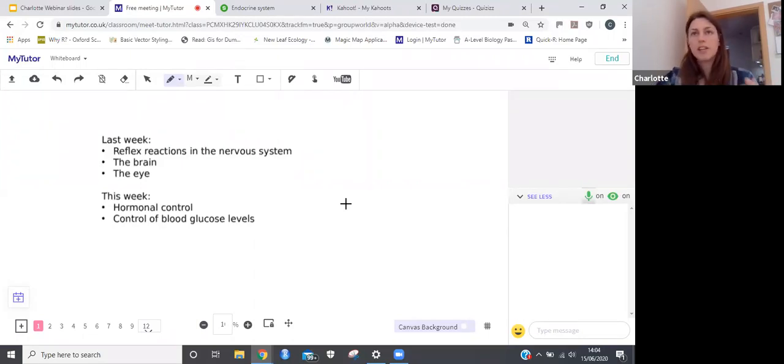It's the word we use to describe how we keep our internal temperature constant, how we keep our blood glucose levels constant, and how we keep our water levels constant in our bodies. Over the next few weeks, we're going to learn about all of that. We've started with how all of that is controlled via the nervous system, and we're going to extend that this week by looking at how hormonal control and the endocrine system feature in that. So that's the role today.